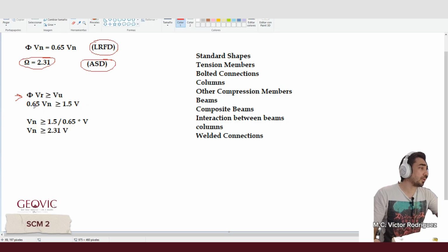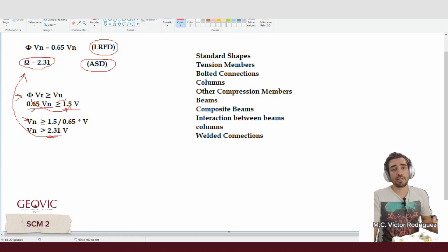So we get this factor and this factor, reducing the resistance and increasing the loads. Then, if we divide this number by this, we get the factor 2.31, which is basically the safety factor used here.